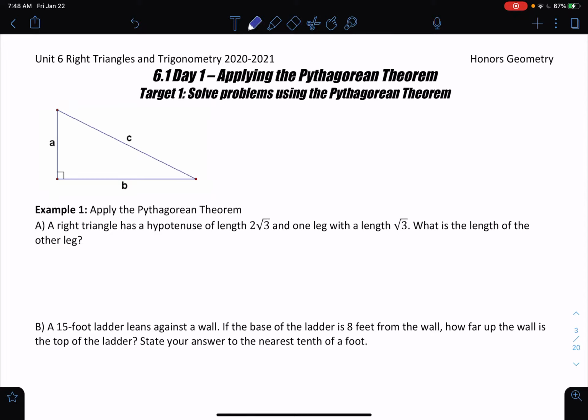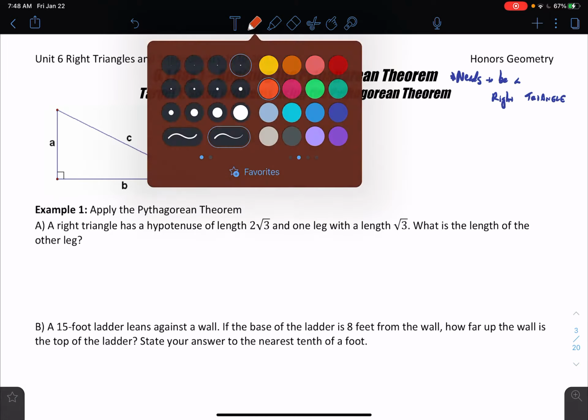So remember, in order to use the Pythagorean Theorem, it needs to be a right triangle. Okay? No other type of triangle we can use the Pythagorean theorem with. It needs to be a right triangle. So remember the parts of a right triangle.